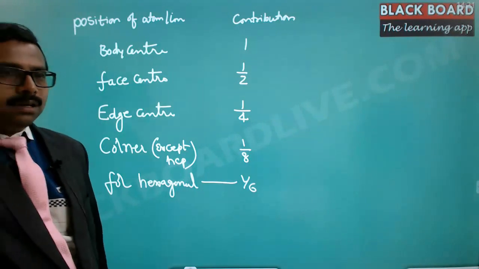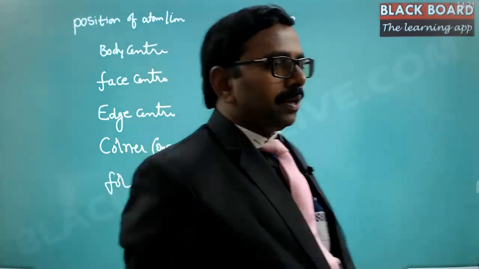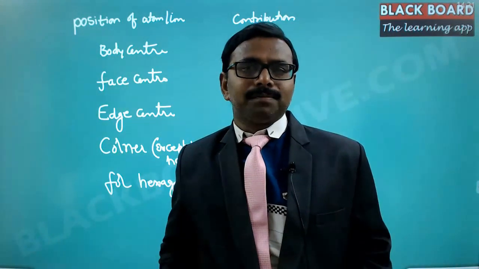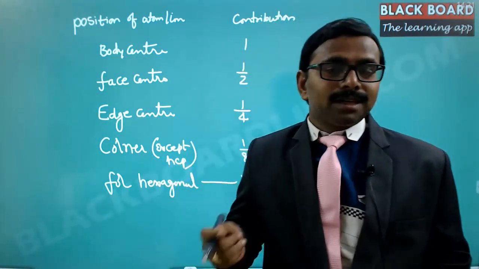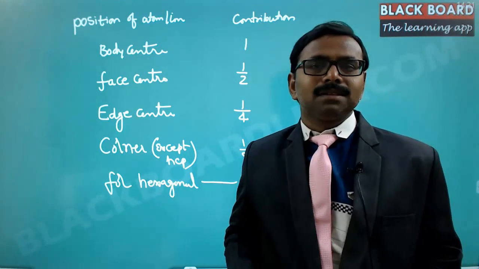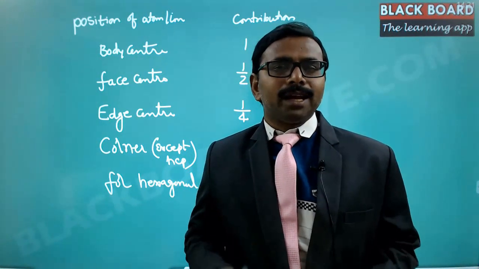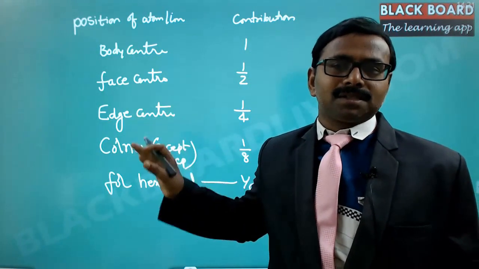Now, if a primitive unit cell consists of 8 points, does it consist of 8 atoms? No. How many atoms does it contain? We calculate from these contributions.